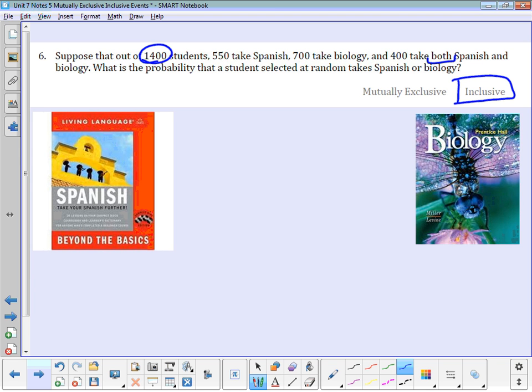If I want to find the probability that a student is in either Spanish or biology, this is or, Spanish or biology, then I need to look at the 3 separate probabilities. I have 550 out of 1,400 that take Spanish. I have 700 out of 1,400 that take biology.